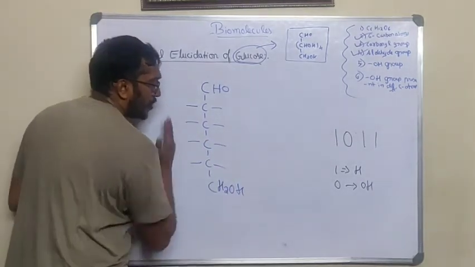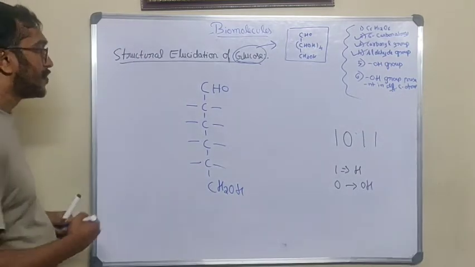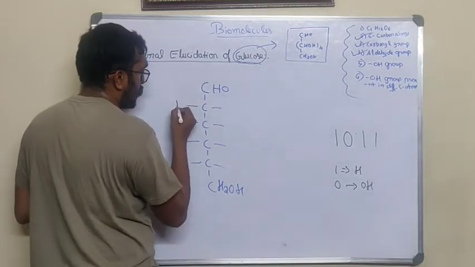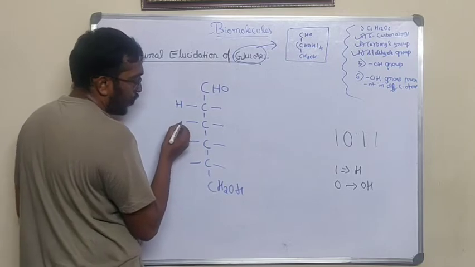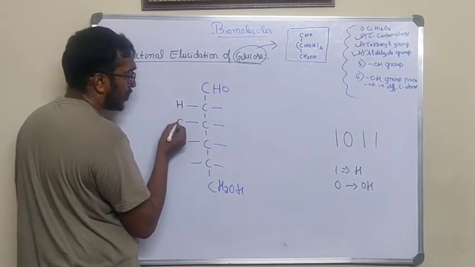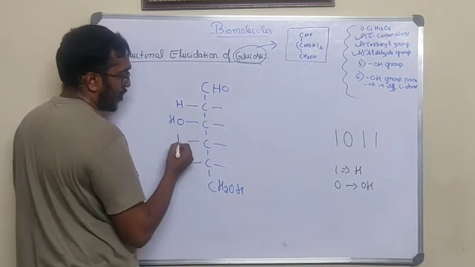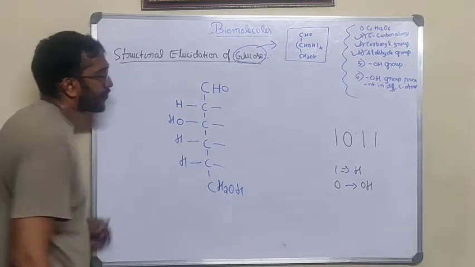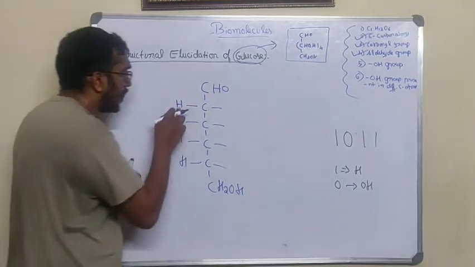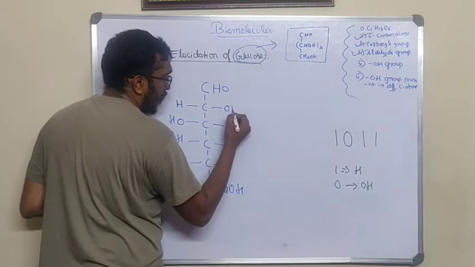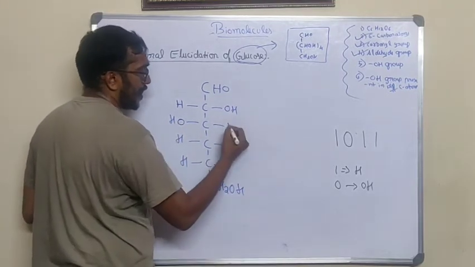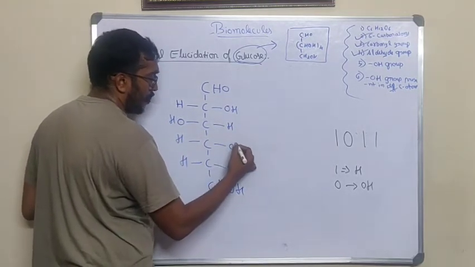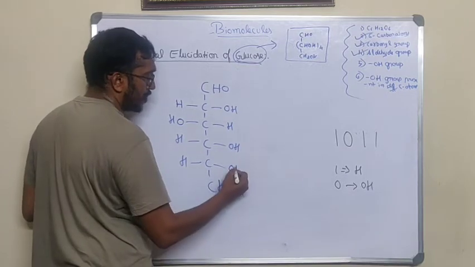This will be applicable to the left hand side. 1 0 means OH, 1 0 1 1. That's it. Very simple. If hydrogen is here, OH group will come on the other side. If OH group is there, hydrogen will come.